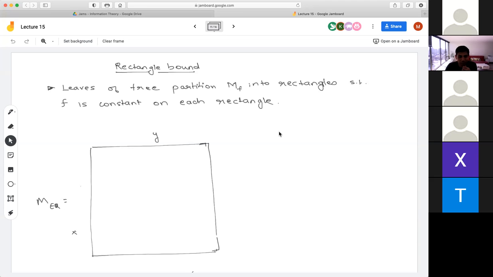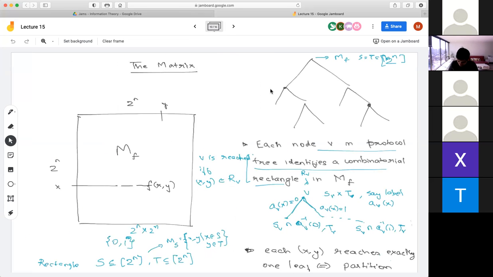A very basic bound that comes out of this characterization is called the rectangle bound. So we said that if you have a tree, then the leaves of it partition the matrix into rectangles. And there is one very important property, which is that the value of the function is just determined by what's written at the leaf, right?